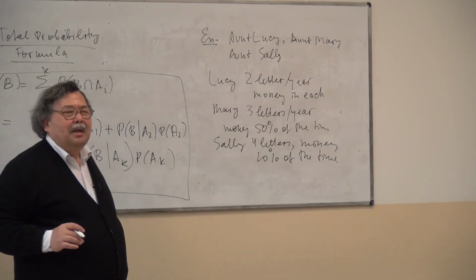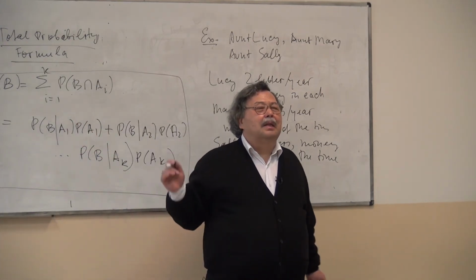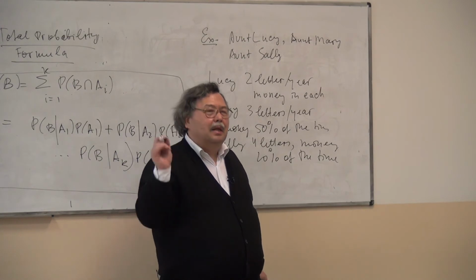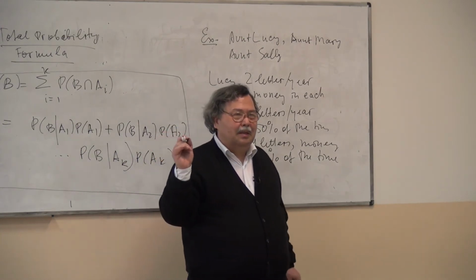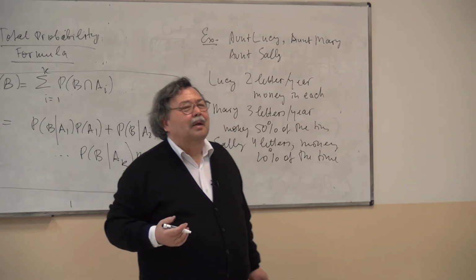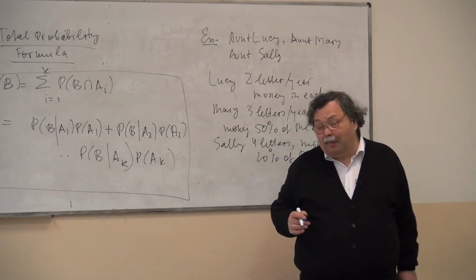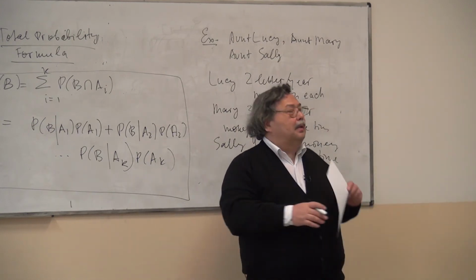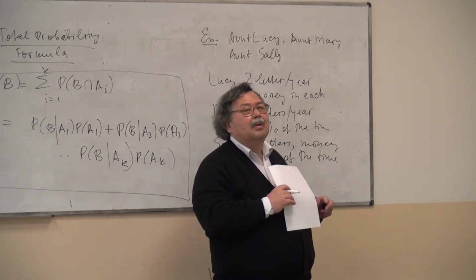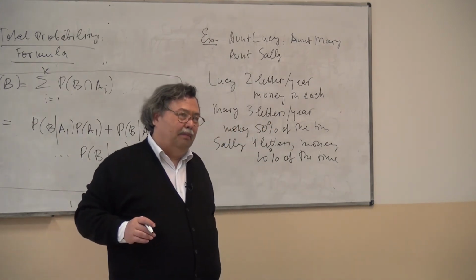Well, suppose this lucky student who has 3 loving aunts receives a letter which is not signed, no return address. So it's impossible to understand from the look of the envelope which of the 3 aunts sent it. Well, given this information, what's the probability that the letter does contain some money?